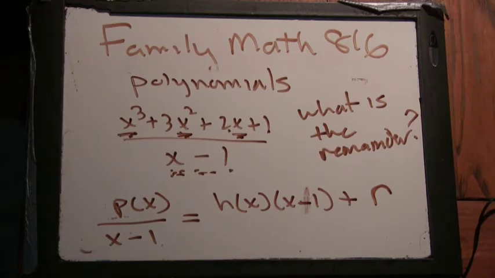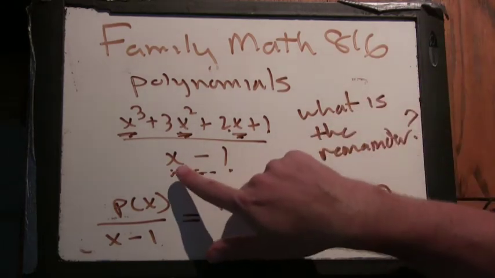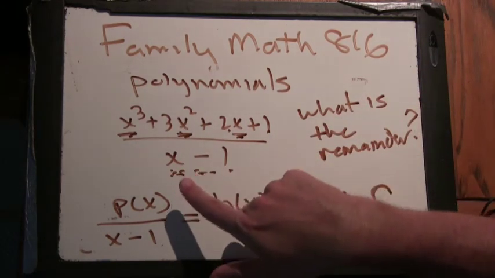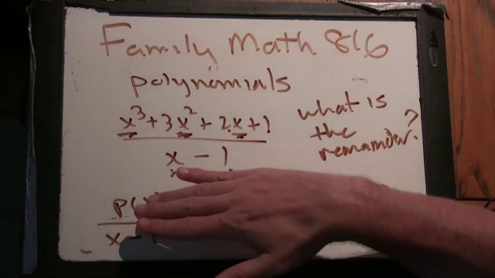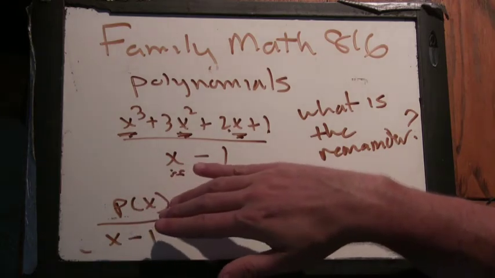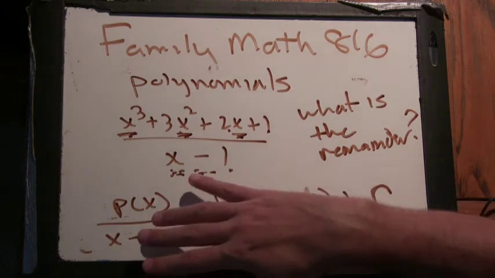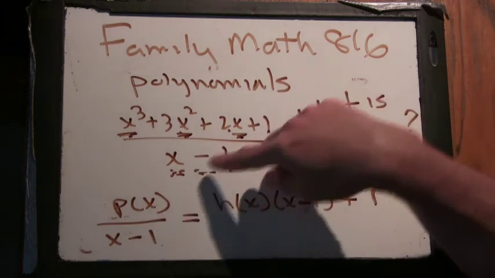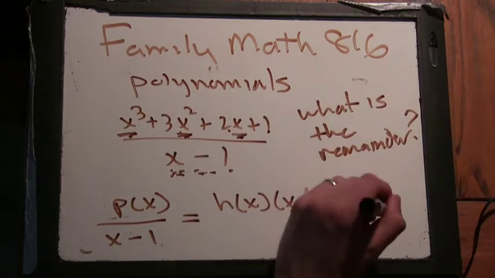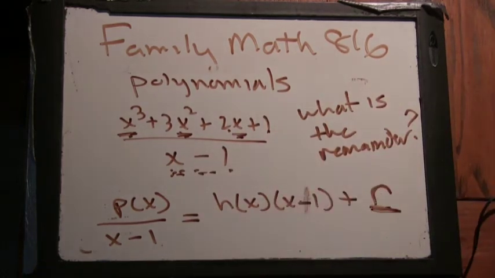Now, in polynomials, the remainder always has 1 less power. So with numbers, the remainder is always between 0 and the number. For polynomials, the remainder has 1 power less. So when I'm dividing by a linear polynomial, I'm always left with a single number here.